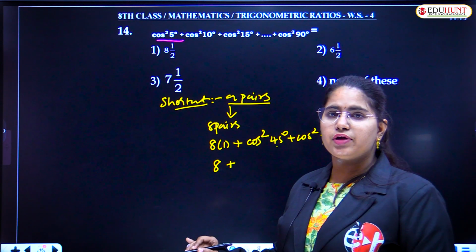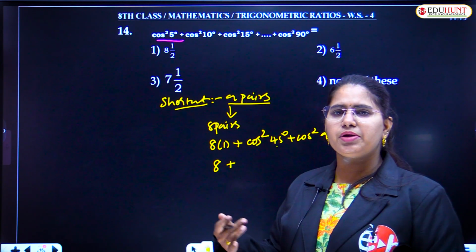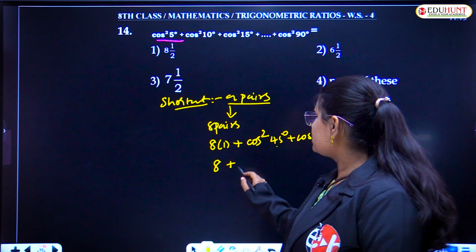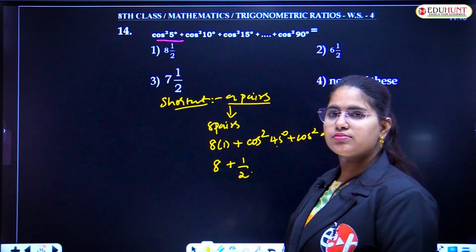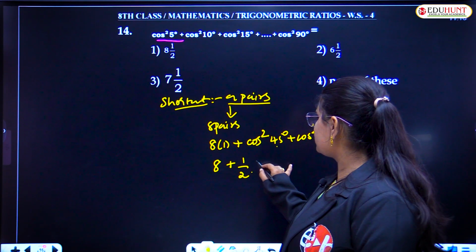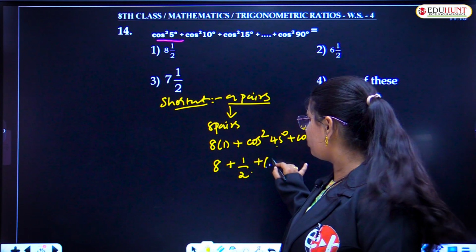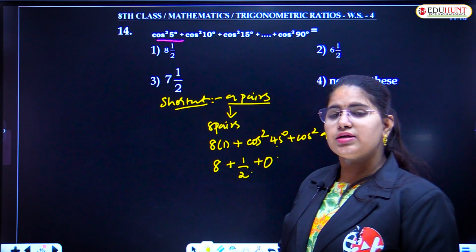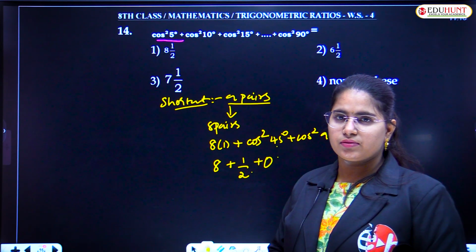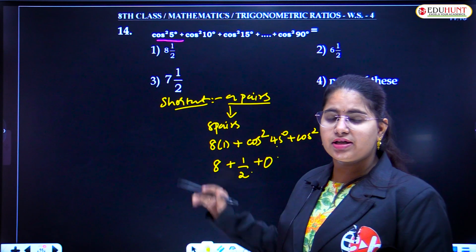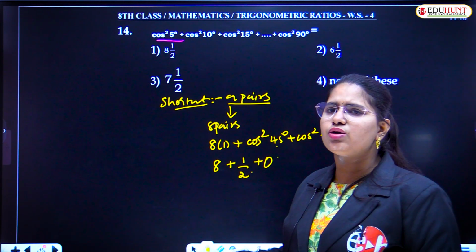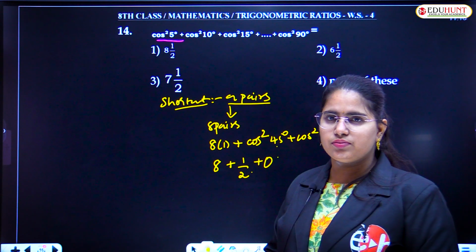What is the cos 45 value? As usual 1 by root 2. So this will become 1 by 2, and cos 90 is 0. Whereas in the previous question, sin 90 is 1. That's why we added 1 over here. But in this problem, whenever you change in terms of cos, it will become 0, because cos 90 is 0.